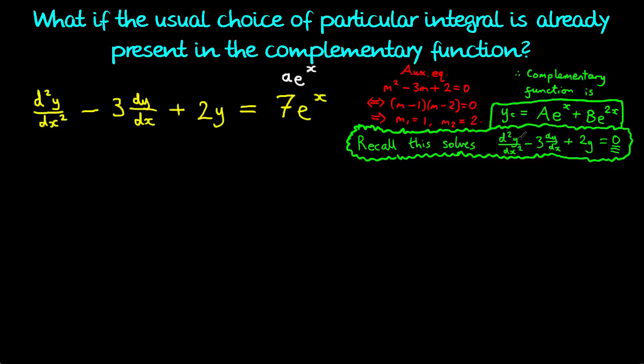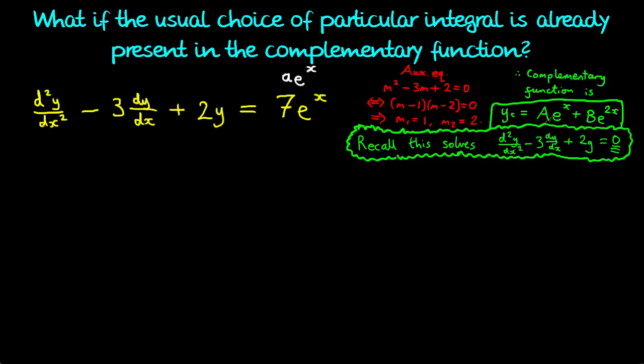But then if we recall what the complementary function is the solution of, it's this equation here. It's the homogeneous equation with 0 on the right hand side. So in other words, if we put in y is equal to a constant times e to the x, or y is equal to a constant times e to the 2x into the left hand side, we're going to get 0. We're not going to get 7e to the x.